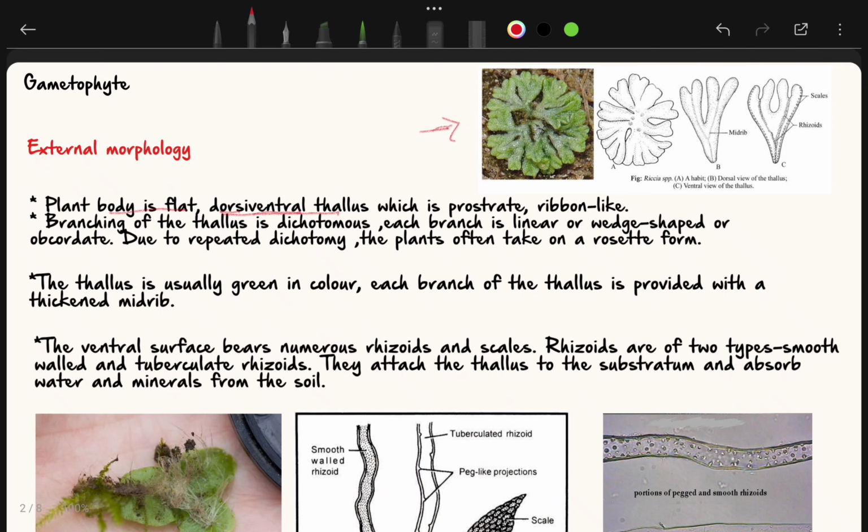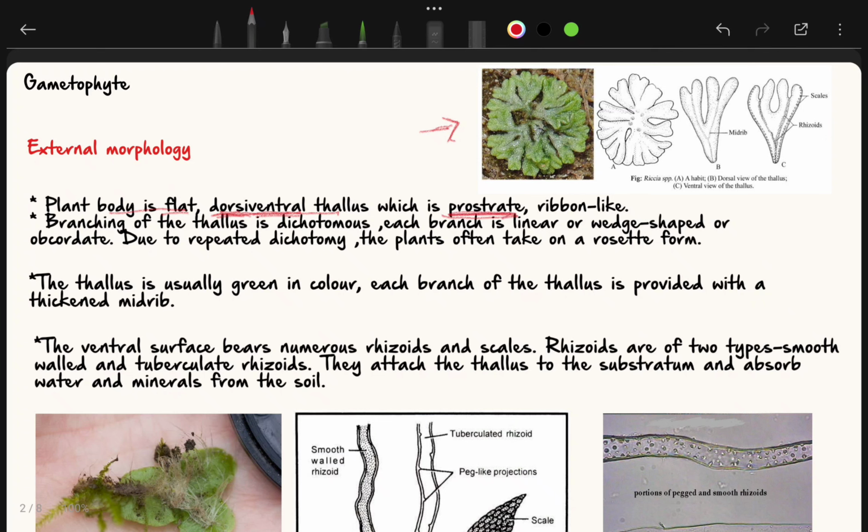The one that is facing towards us, the upper surface, is the dorsal side, and the side that is facing towards the ground is known as the ventral side.